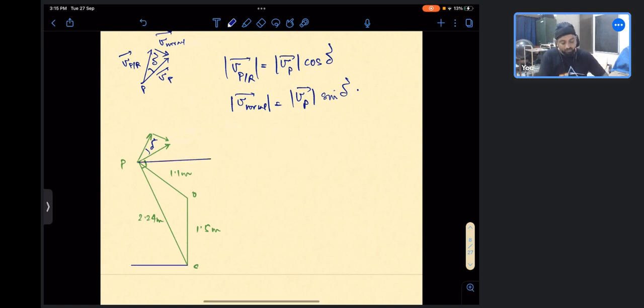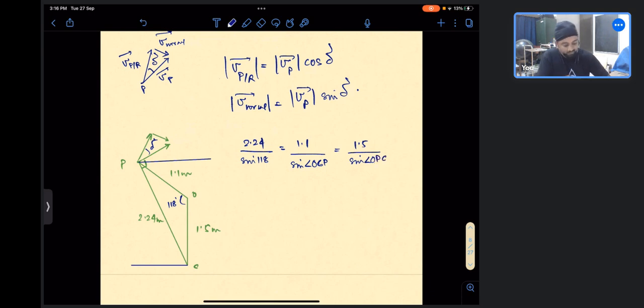Now, if we use the sine rule on triangle OPC, where this angle we know is 118 degrees, then 2.24 by sine 118 is equal to 1.1 by sine of angle OCP, which is equal to 1.5 by sine of angle OPC.